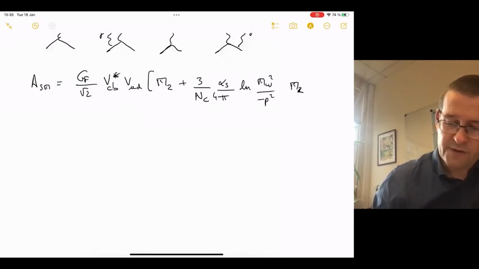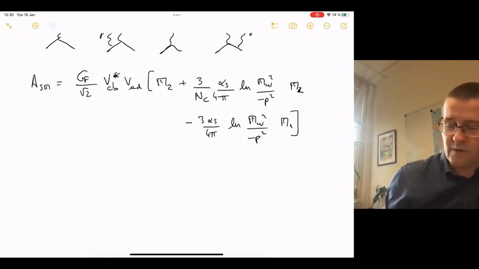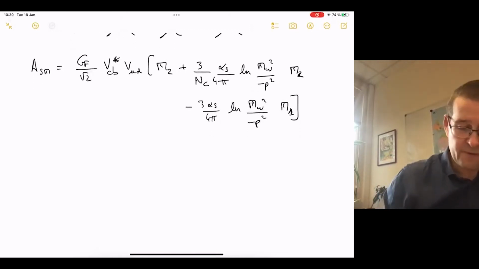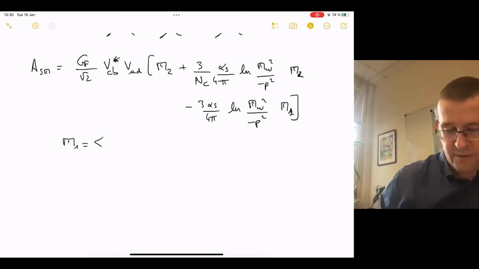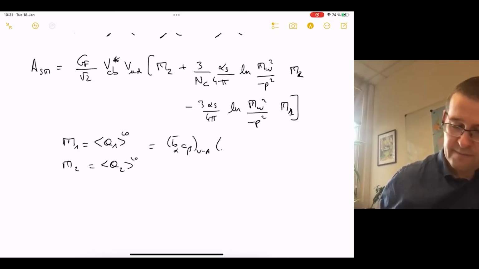So one term which is proportional to the initial matrix element, and one which actually has the color indices swapped. So this is just the evaluation. So M1 and M2 are matrix elements which correspond to the leading order evaluation.